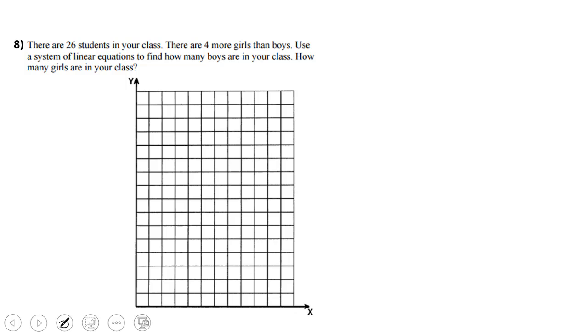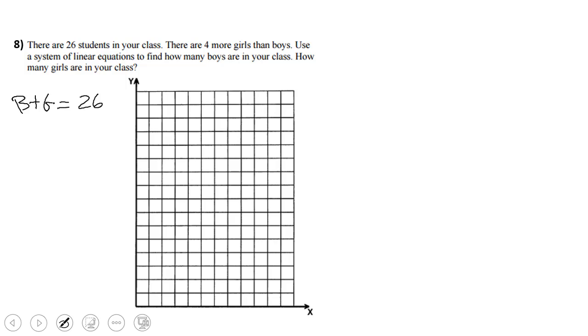We've got to write 2 linear equations. We've got to write our system of equations, but now they don't give us any help. So we have to recognize, I know that there's 26 students in the class, so I know one equation has to equal 26. And I know that there's only boys and girls, so I can say the number of boys plus the number of girls is 26 students.